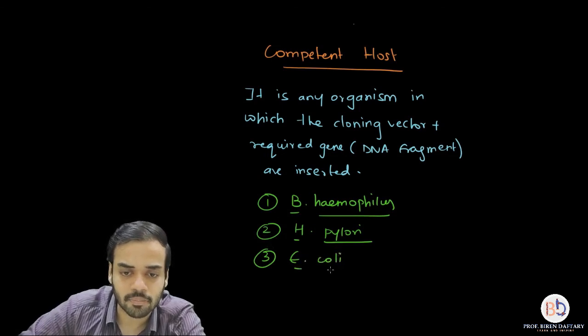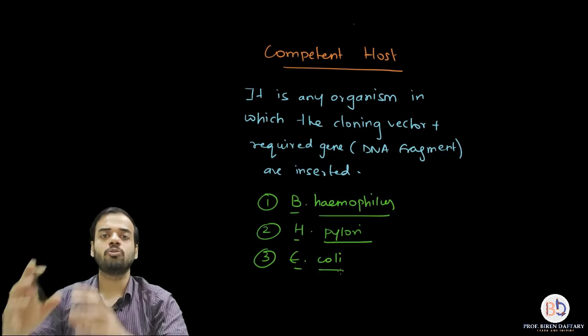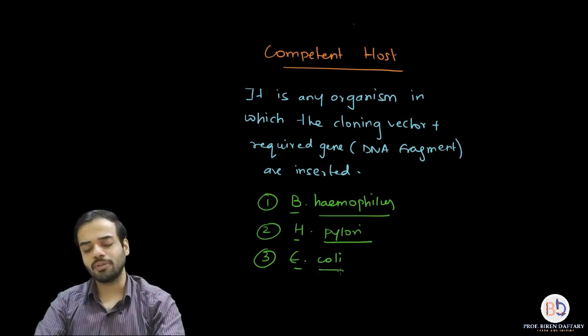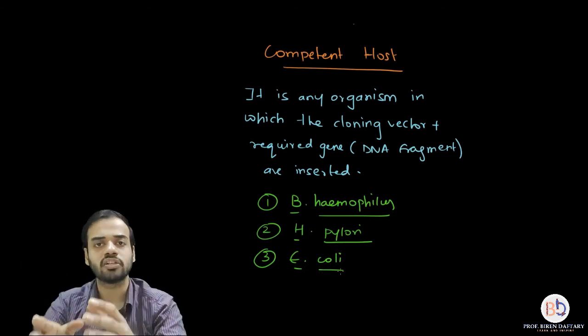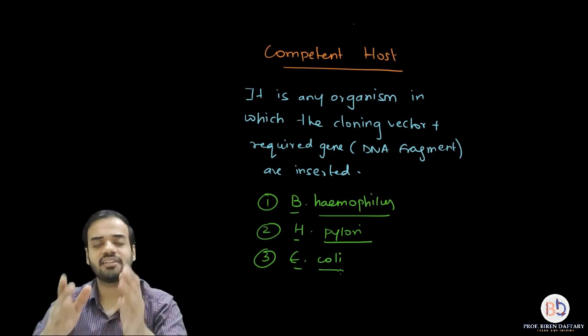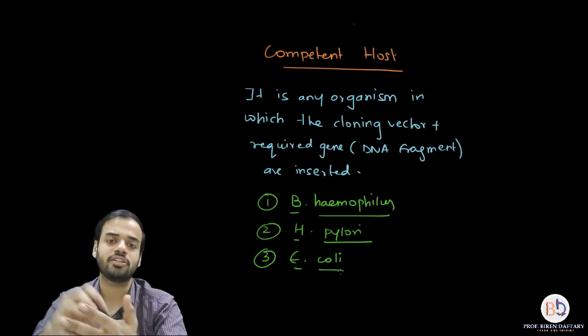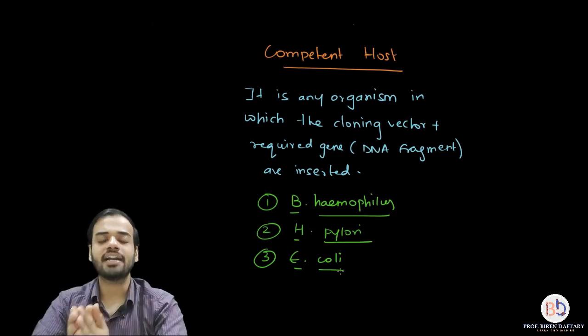So please remember these names. These are the most commonly used bacteria, and normally a bacterial cell is used as a host, and among the bacterial cells, these are the three most common examples which are used as hosts. So with that, we finished this part of biological tools.